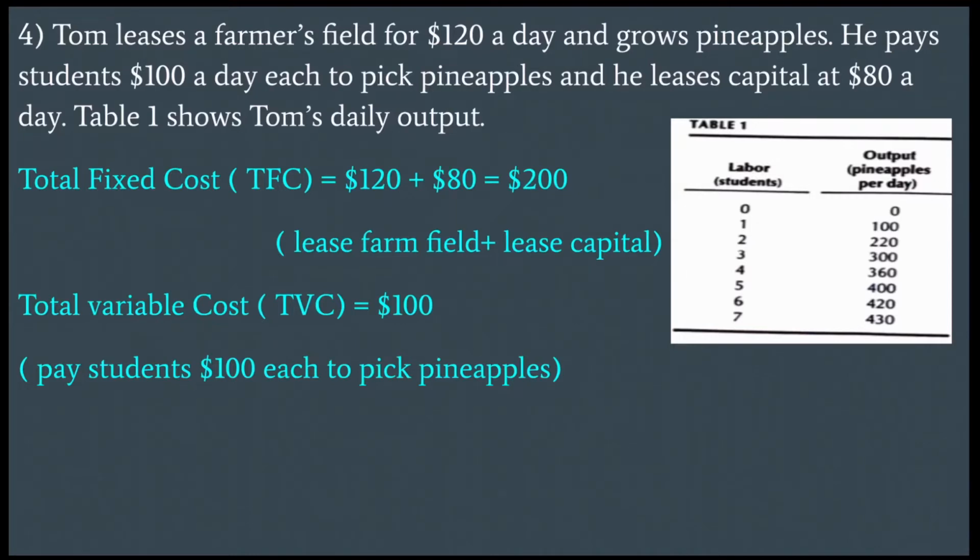That is, $120 is the lease for a farm field, plus he leases capital, which is $80. The total fixed cost therefore is $200. Total variable cost is $100. This is the payment he makes for students, which is $100 each to pick pineapples.